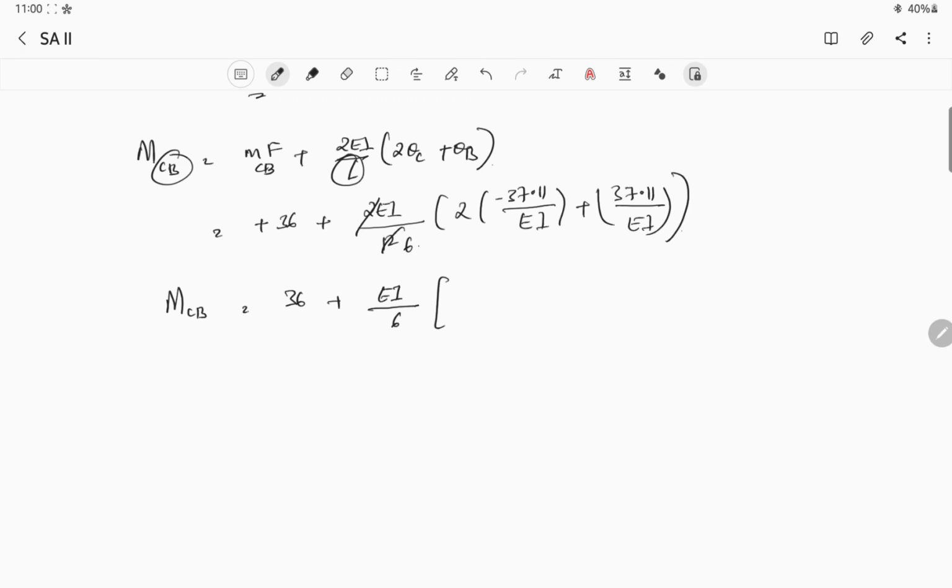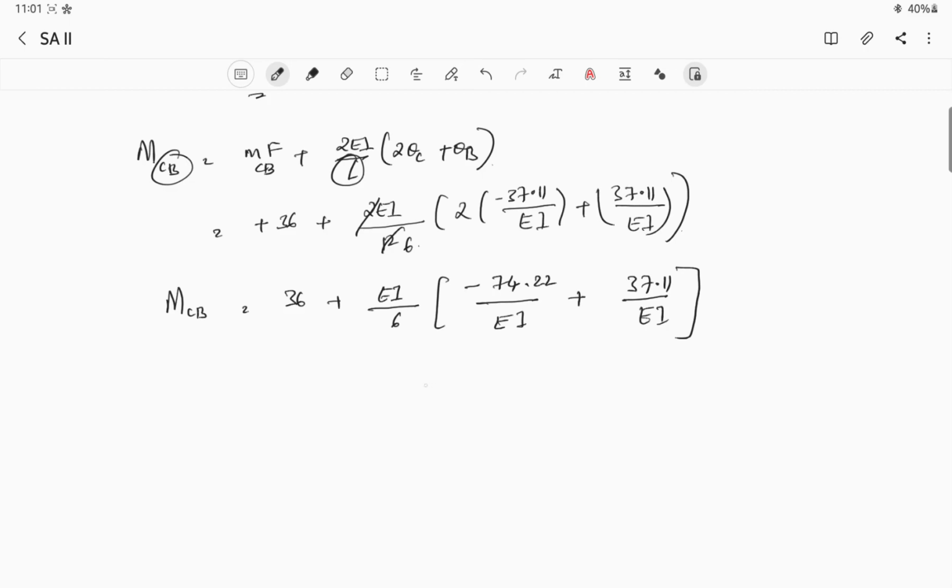Then 2 into 37.11, you'll get it as 74.22, so this is minus 74.22 by EI plus 37.11 by EI. Okay, so minus 74.22 plus 37.11, that is minus 37.11.